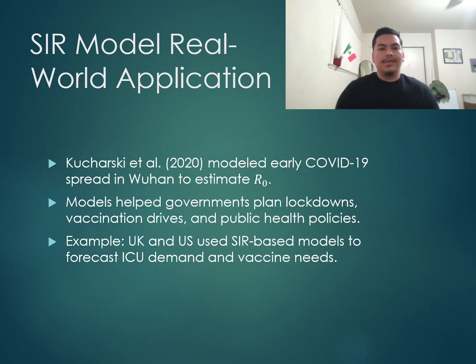What R is representing in Kucharski's findings is how many people one person could infect, and that shows how infectious, in this case, the COVID-19 disease was at that time. And thanks to the model, they were able to input what could help slow the spread, which in that case was travel restrictions, and that really benefited in slowing the disease, at least in China.